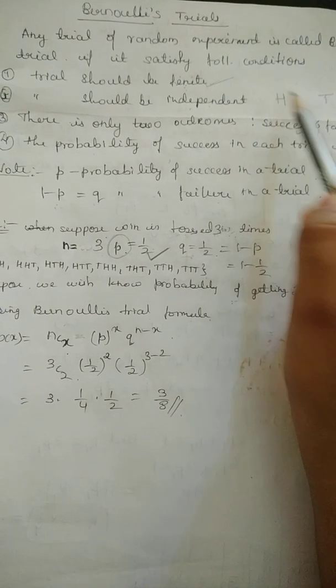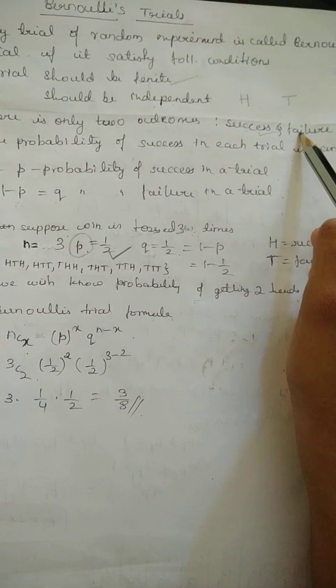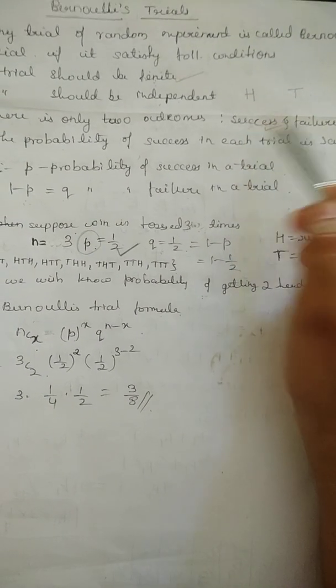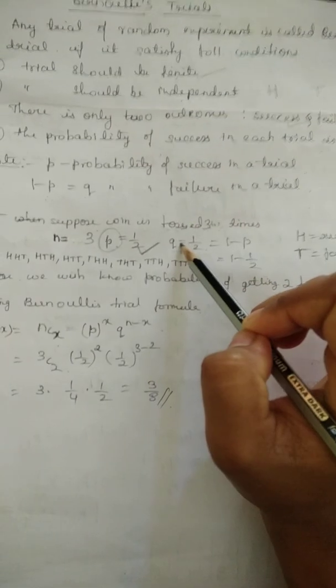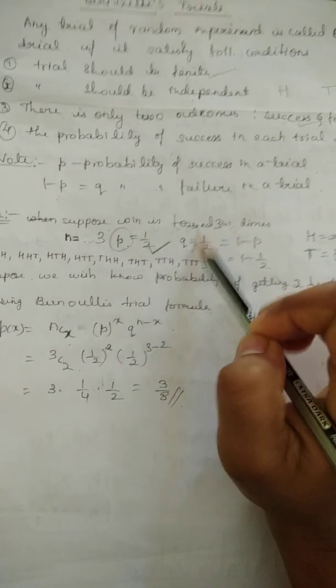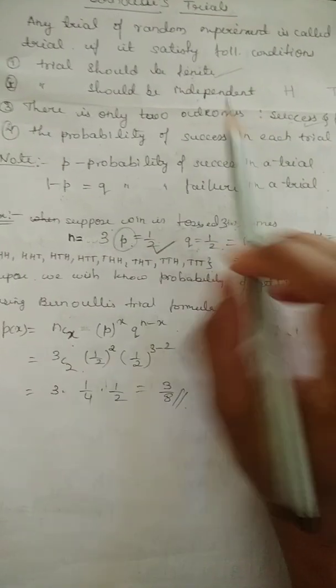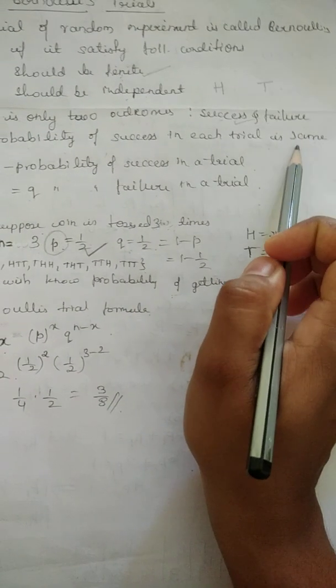If you take head as success, then when you toss a coin the second time, you may get tail, which is failure. Only 2 outcomes. Third condition: when you toss a coin 3 times, the probability of success in each trial is the same.